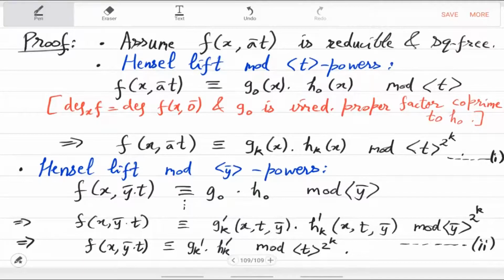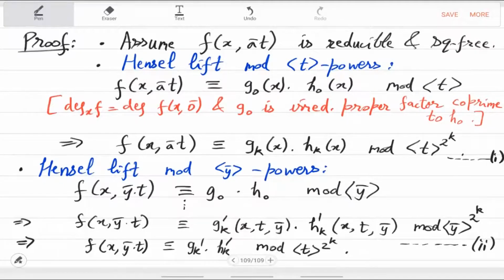In one we have gk hk, in the other we have gk prime, and in one we have a bar, in the other we have y bar. Okay, that is how we read this. So what's the connection between gk and gk prime?